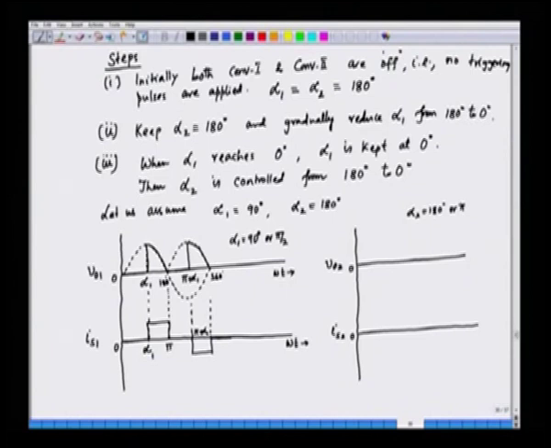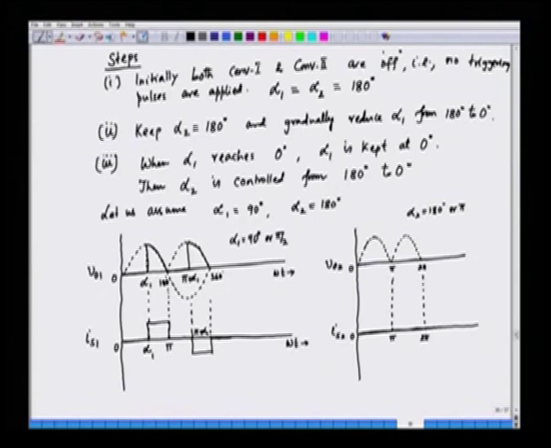So, this bridge does not conduct. So, this is pi and this is 2 pi. Since this bridge is not conducting, the current permanently remains equal to 0.